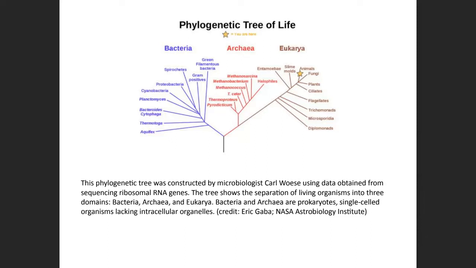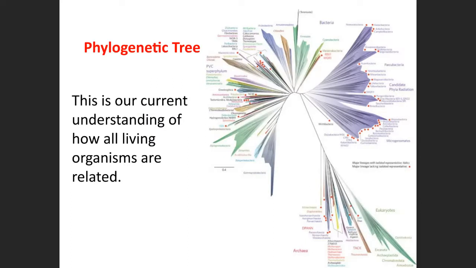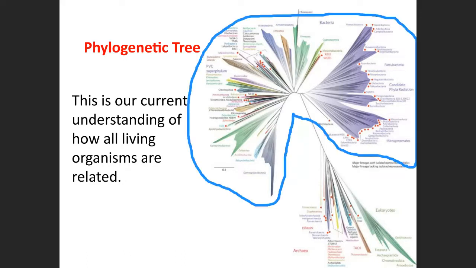More currently, about 12 years ago, the most current phylogenetic tree was published, and here it is. So now, check it out. This is the domain to which the bacteria belong.